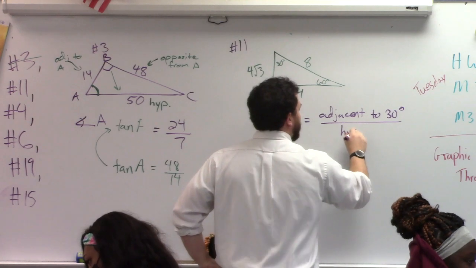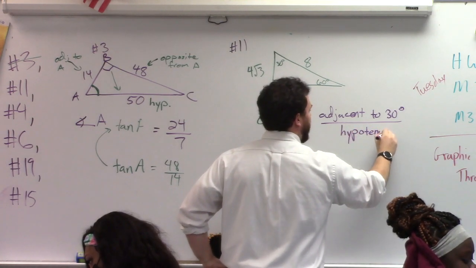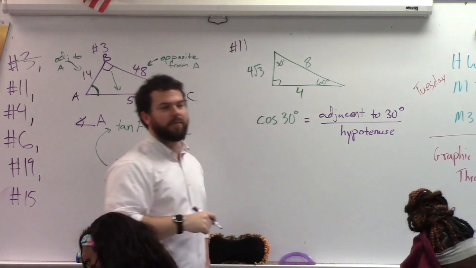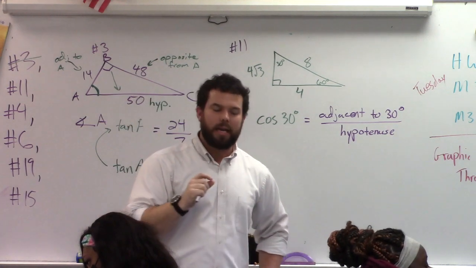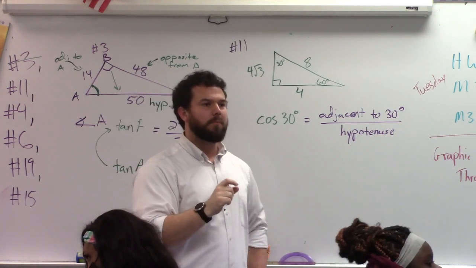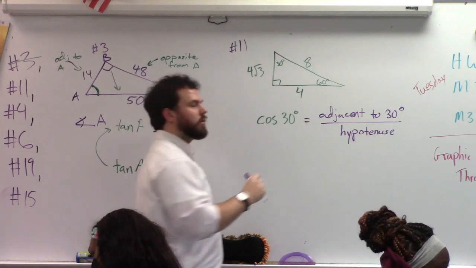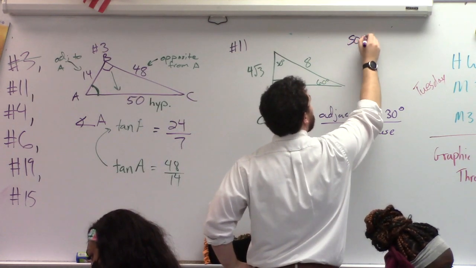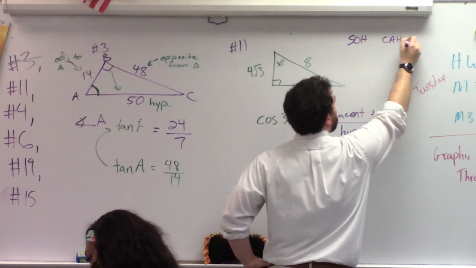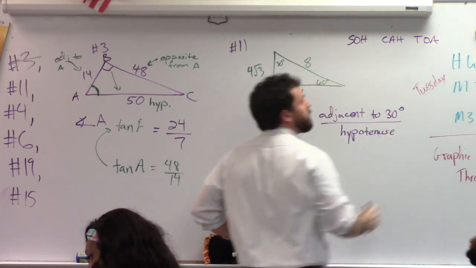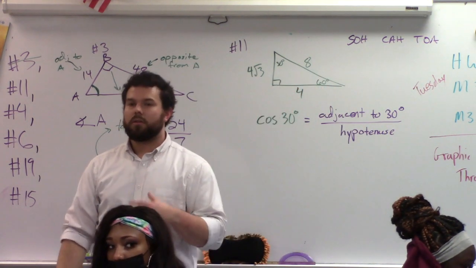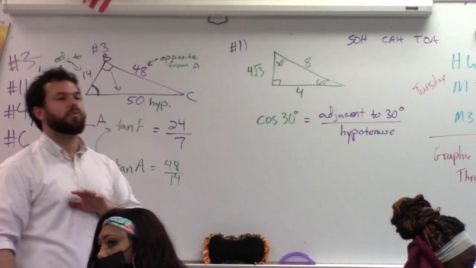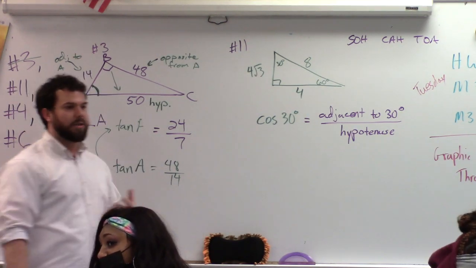Now, some of us may be looking at others like, where in the world is all this coming from? Does anybody remember an acronym to help us remember the ratios? Now, remember, this is just to help us remember.